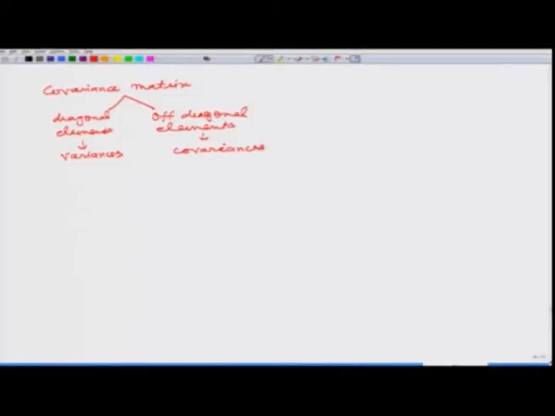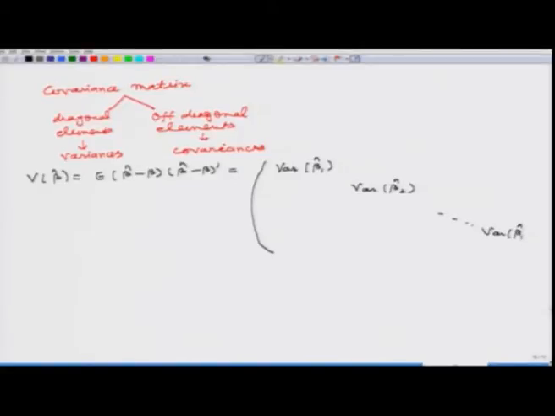So, for example, the variance covariance matrix of beta hat is nothing but expected value of (beta hat minus beta)(beta hat minus beta) transpose, and its structure will be something like this: on the diagonal we will have variance of beta 1 hat, variance of beta 2 hat and so on, variance of beta k hat.